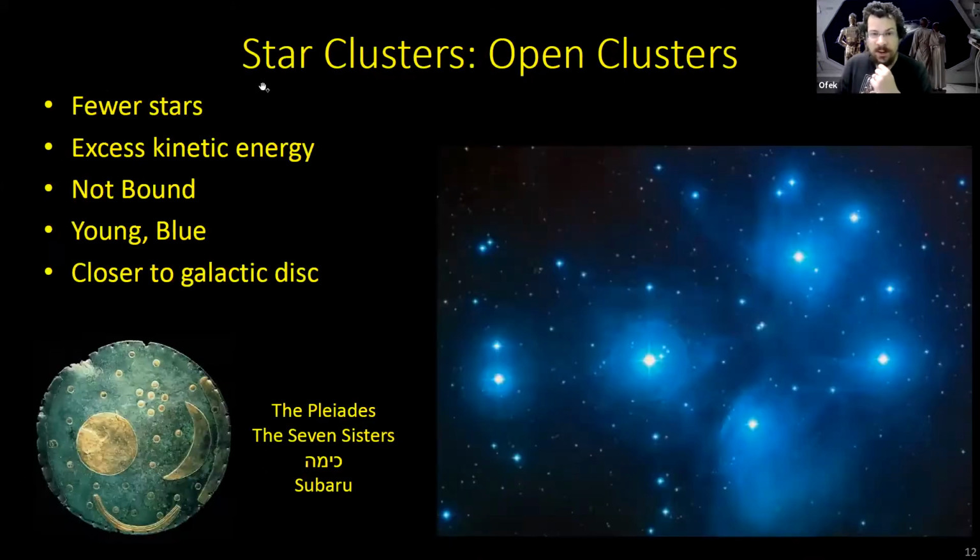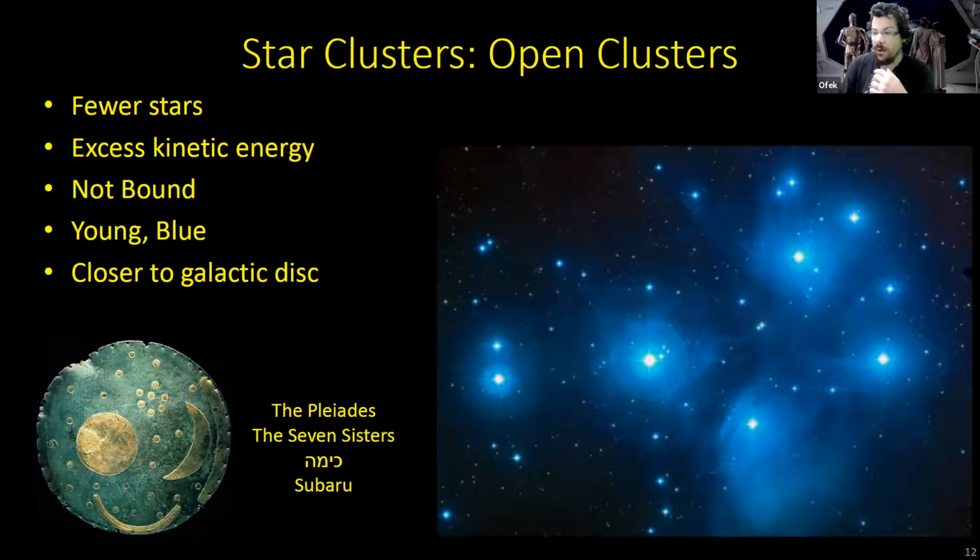This is all in contrast to open clusters. Open clusters are much, much smaller. That is, many fewer stars. Because there are so few stars, the mass is very low, and they tend to have more kinetic energy than binding potential energy. So they are not bound. They're actually free systems.